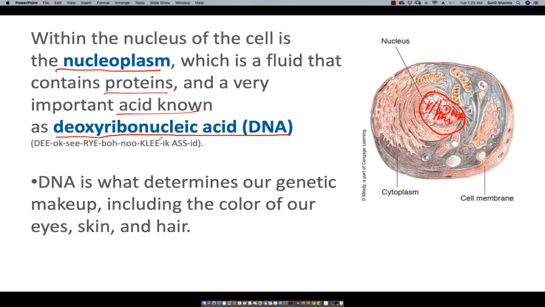That's deoxyribonucleic acid, and that determines our genetic makeup, including the color of our eyes, skin, and hair. And how do we get those colors in our eyes, skin, and hair?